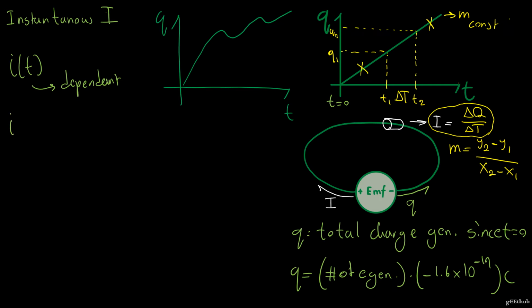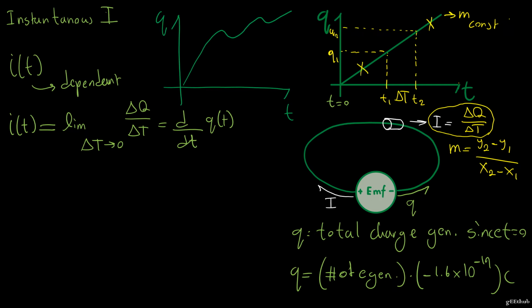So how are we going to go about getting an equation for this time-dependent current function? From your calculus course, you might remember that if you take the limit as time approaches 0 of a slope, which in this case is our current, then you will get the derivative of that value. So here I'm saying that my instantaneous current is the instantaneous slope of my graph.